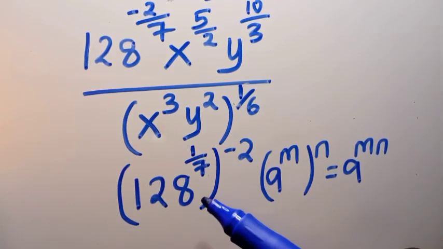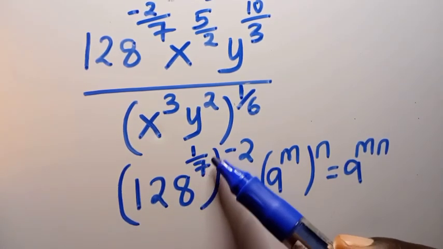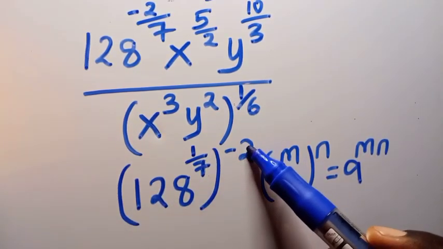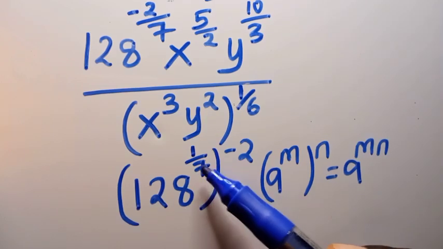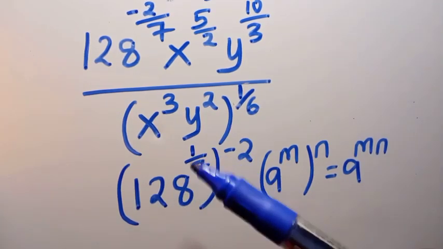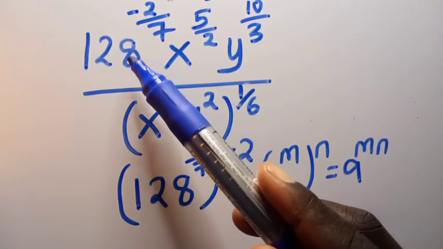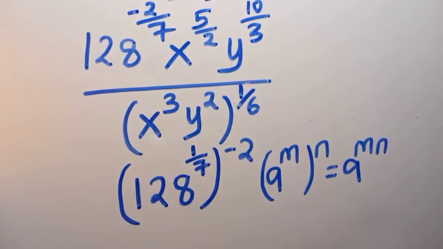It is just the same thing because this is 128 raised to 1 over 7, then close the bracket, raised to negative 2. So this is a power and this is a power. If I multiply the powers, then I will go back to my original number.